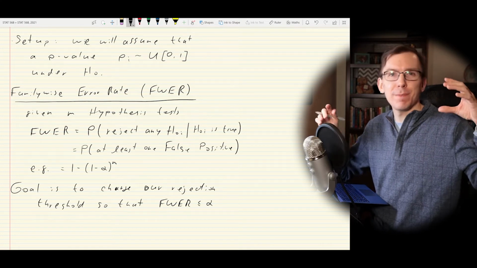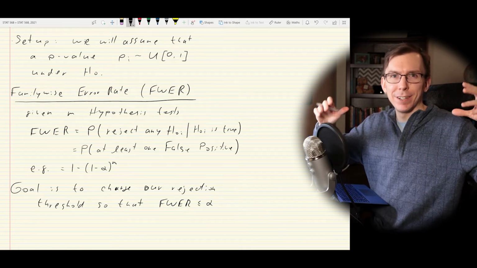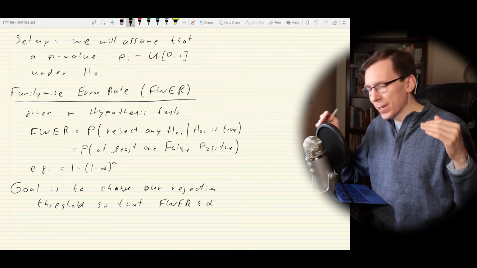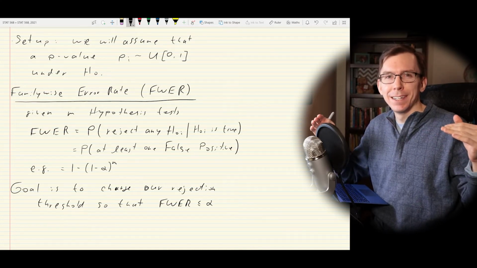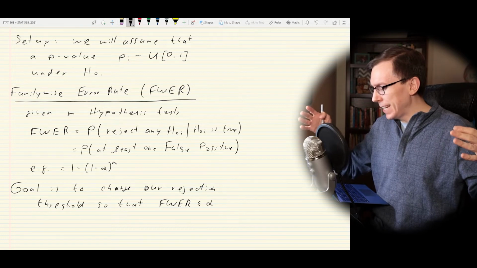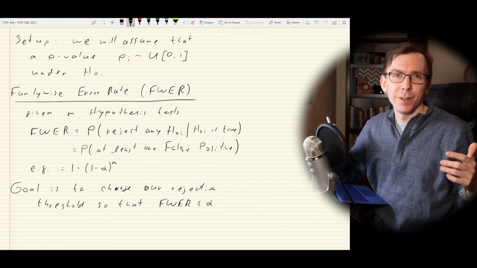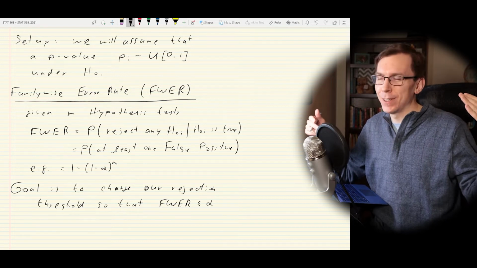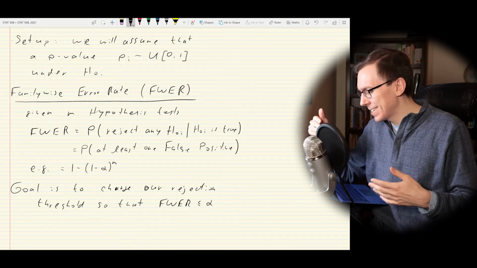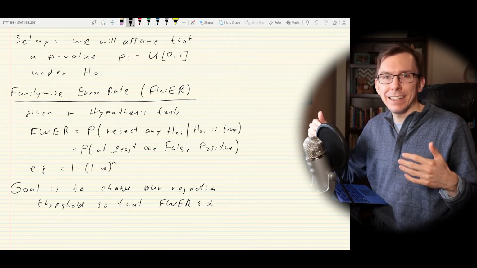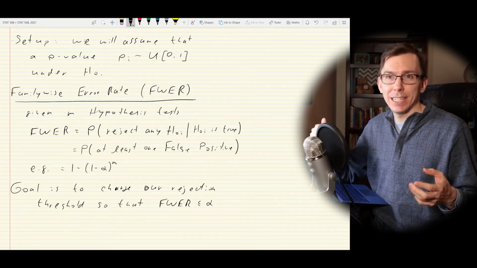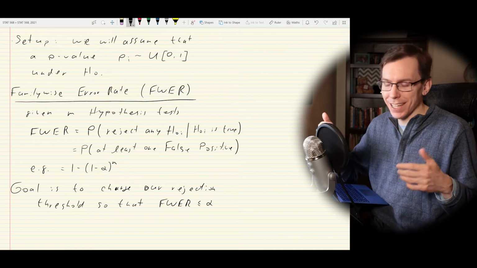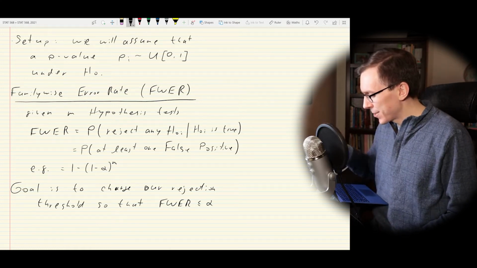So now alpha used to be just the probability of a false positive for a given hypothesis test. And what we really want is we want alpha to be the probability of at least one false positive. All right, so we want to make sure that if we run our 20 hypothesis tests, the probability that there's at least one false positive is only alpha, which could be, again, 1% or 0.5% or 0.1% or whatever you want.